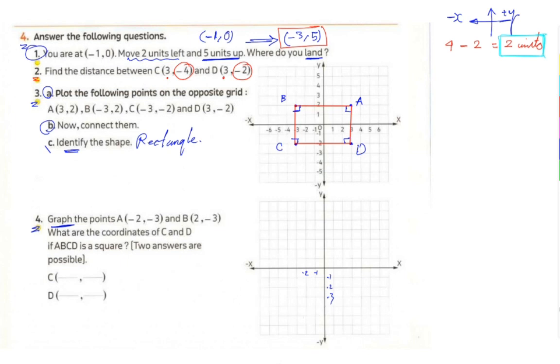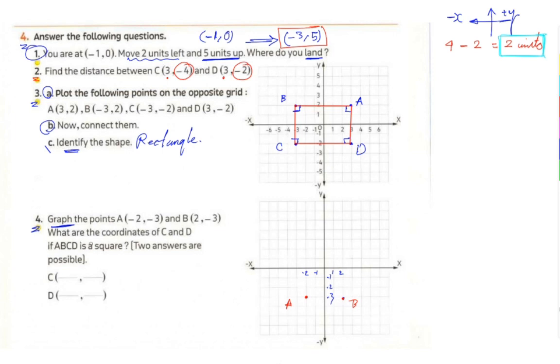So the first point, negative 2 on x and negative 3 on y, is here. That's A. Next, point B, (2, -3). Where is 2? I have here 1 and 2 on the x-axis, and negative 3 on y. That's point B.